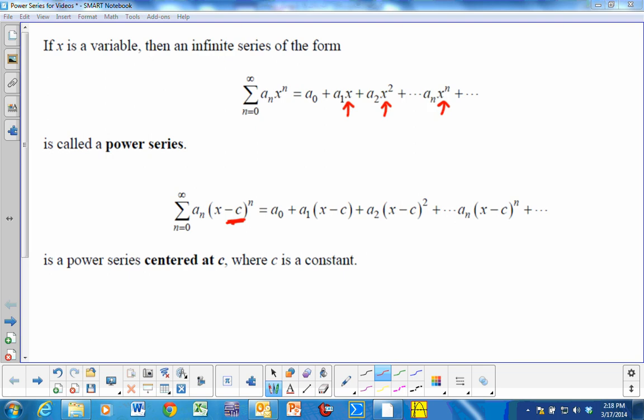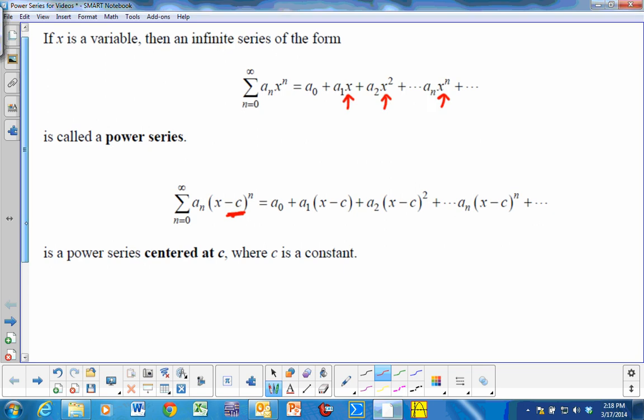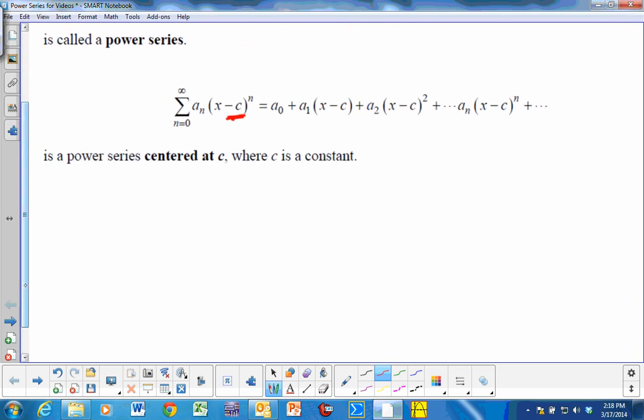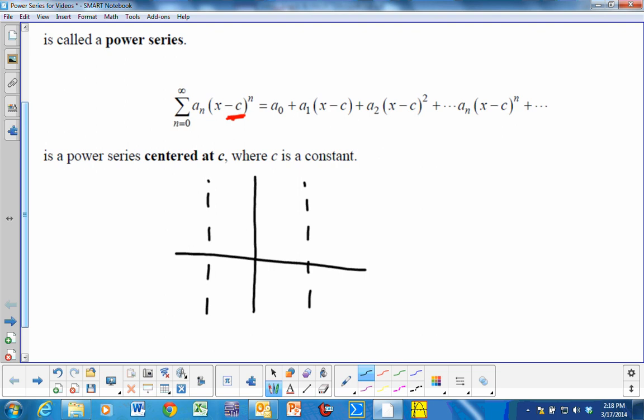And so that's important to know, especially here in a little bit. What's going to be important is that every single time you have a power series, basically this is a polynomial. Well, you can't always get a polynomial that equals exactly some function in every single part. For example, let's say that I have some graph that looks like this, and I've got this piece here, and then maybe down here, and then maybe this piece is up here. Well, let's just draw it down here and make it more obvious.